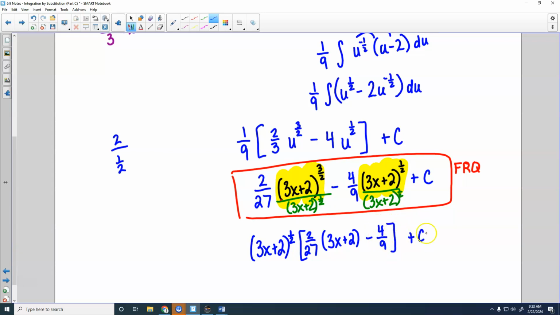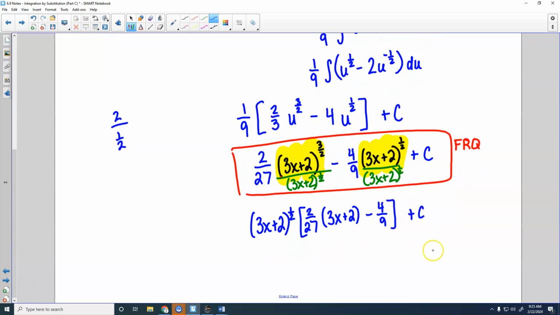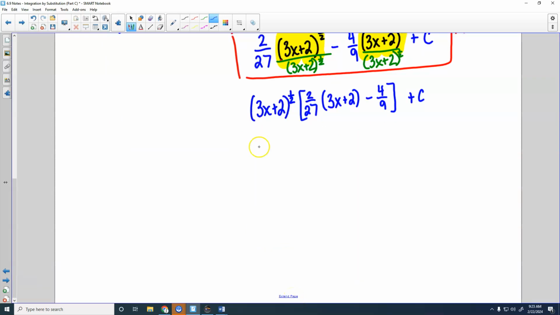So you were correct, and so they will make that square root of 3x plus 2. And then over here, 2 over 27 times 3. That will reduce and make that 9.